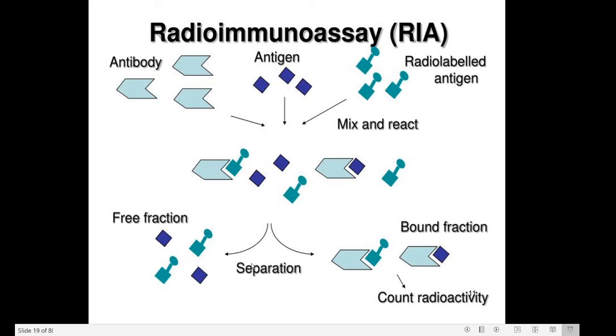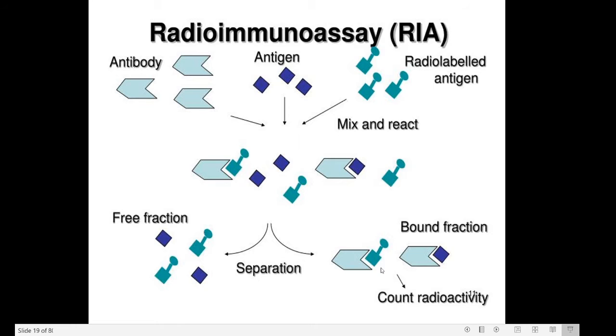After the reaction, we remove the excess molecules, separate the molecules, then collect the bound molecules based on their density variation. Antibody alone shows some molecular weight. Bound with the radioactive molecule and antigen, it gives a different molecular weight. It varies between the native and the bound compound.